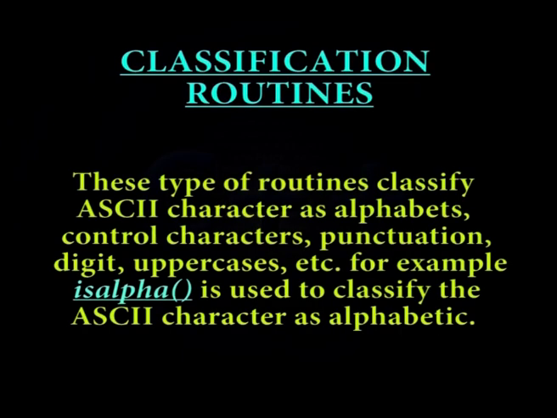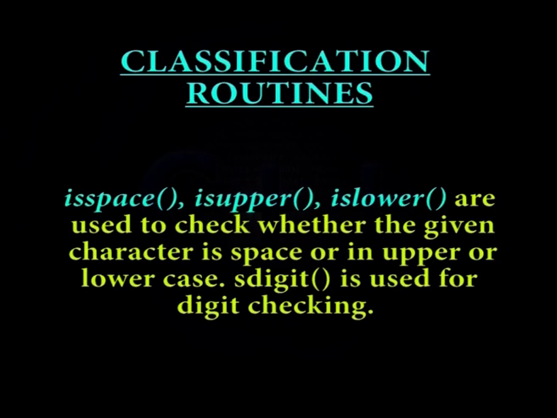Classification routines. These types of routines classify ASCII characters as alphabets, control characters, punctuation, digits, uppercase, etc. For example, isalpha is used to classify the ASCII characters as alphabetic. isspace, isupper, islower are used to check whether the given character is a space or in upper or lower case. isdigit is used for digit checking.